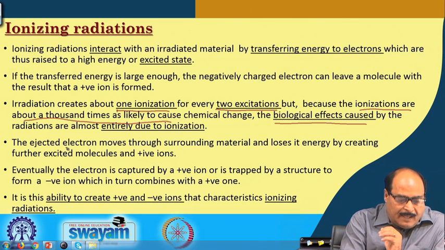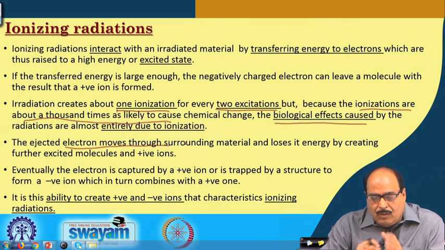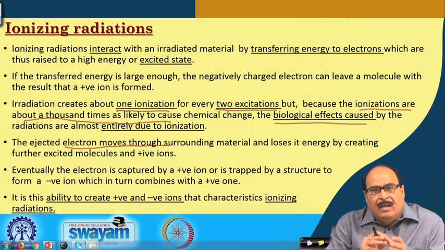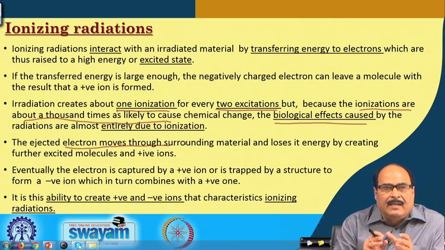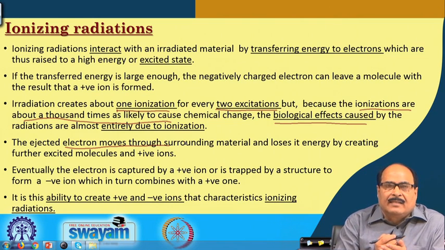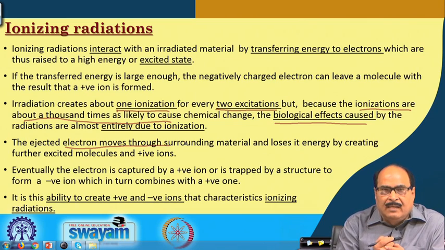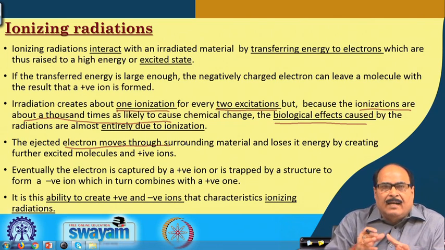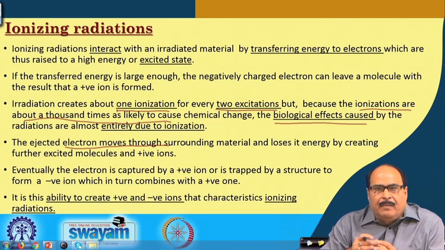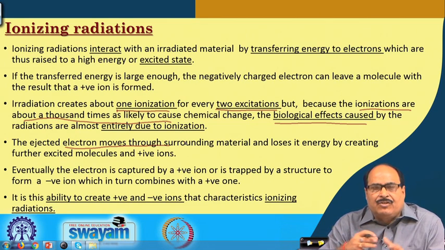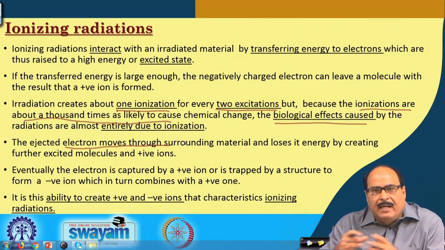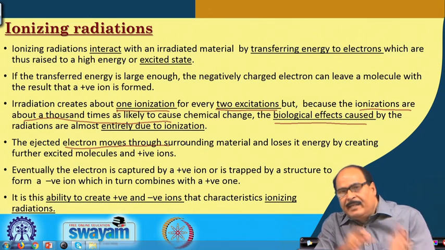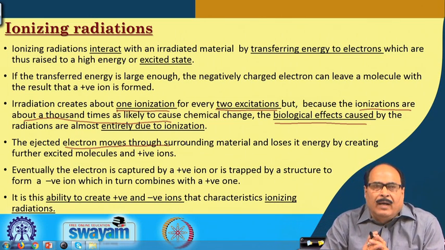The ejected electron moves through surrounding materials and loses its energy by creating further excited states and positive ions. Eventually, the electron is captured by a structure to form a negative ion, which in turn combines with a positive ion.